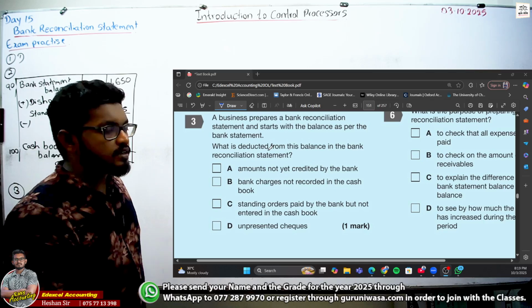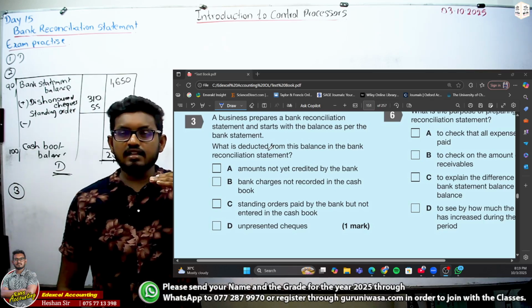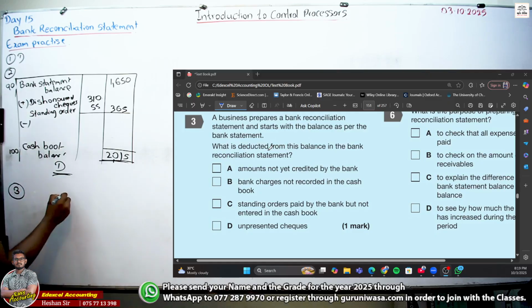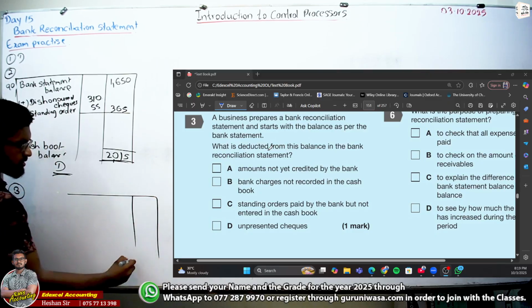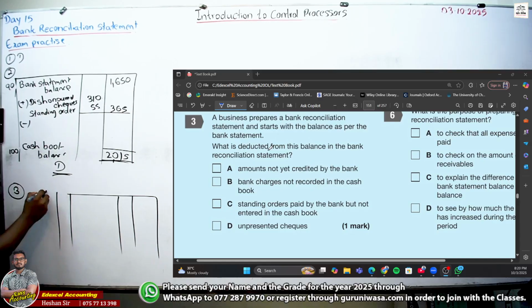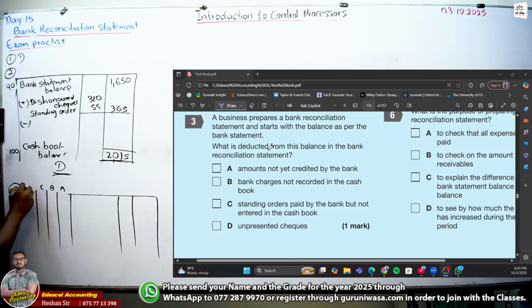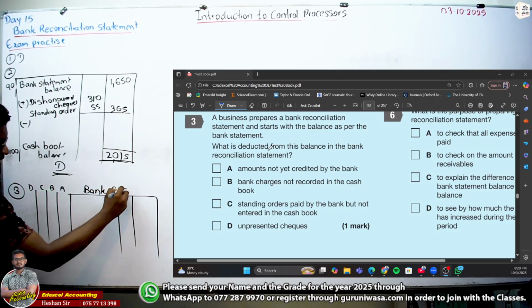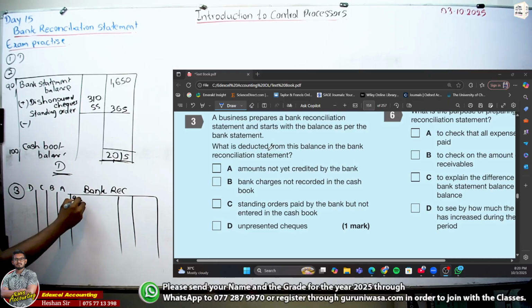Now, when it comes to that one, I'll take it like this. Initially, there are four options: A, B, C, and D. Here, we take the bank statement balance.